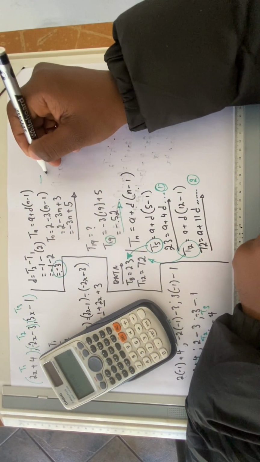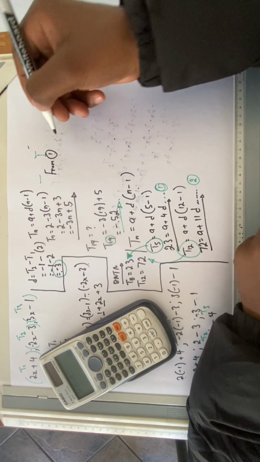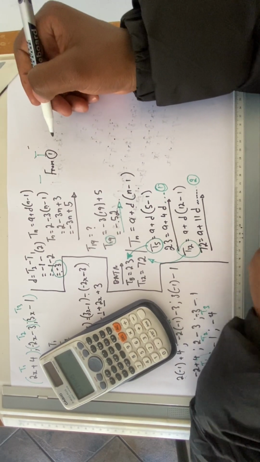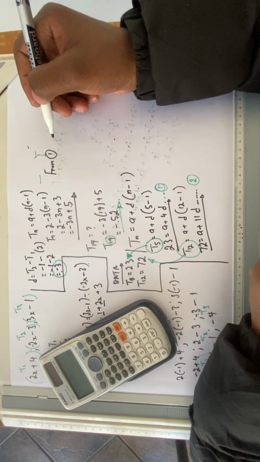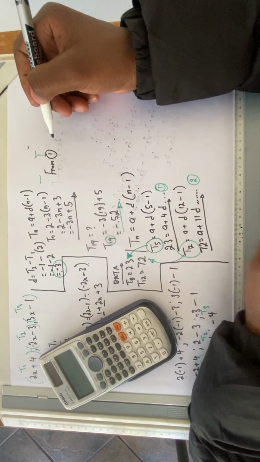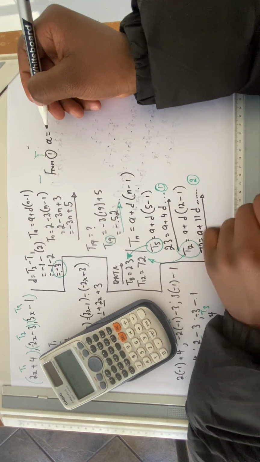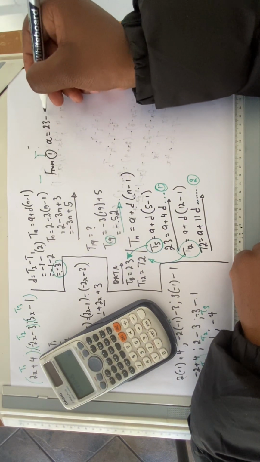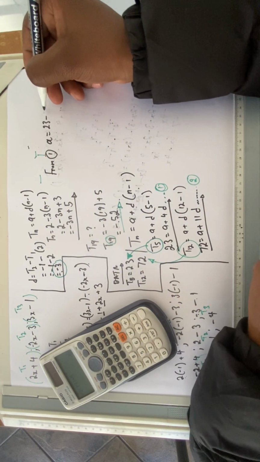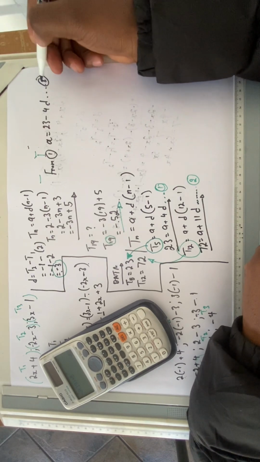From equation 1, I'm going to make equation 3 by making either A or D the subject of the formula. It is easy to make A the subject, so A is equal to, then I move 4D to the other side. I will get 23 minus 4D. This is going to be my third equation.